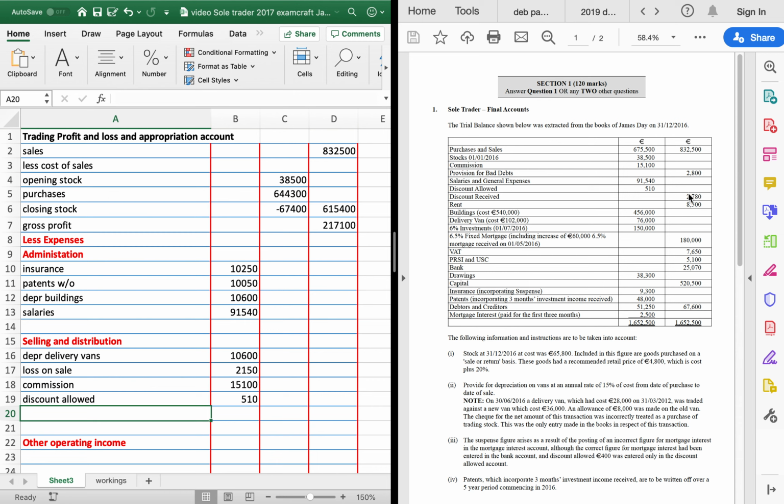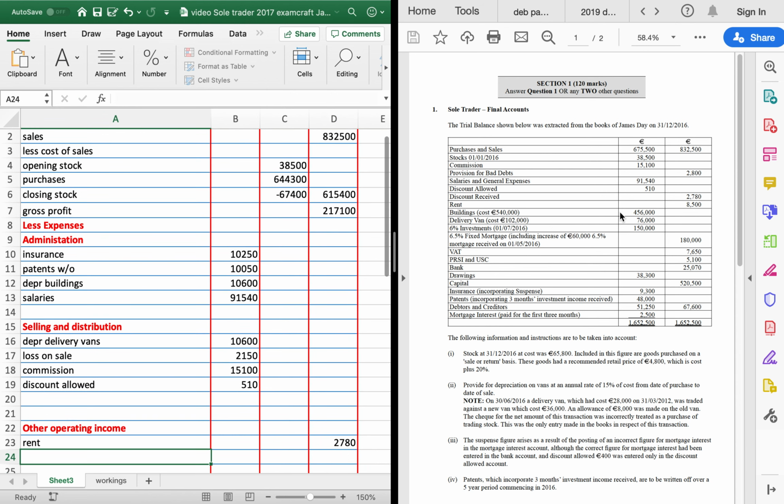Rent now, credit, liability or earning, so it's obviously an earning, so it's rent received. Okay, we'll put them over here, third column. Sorry, that's discount. Rent is underneath at 8.5.